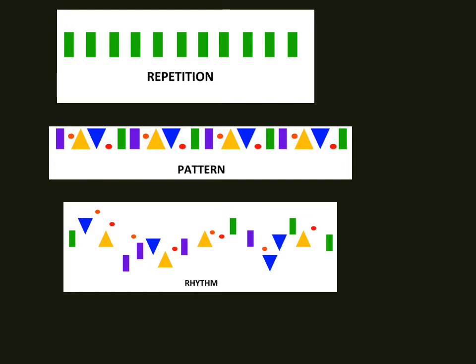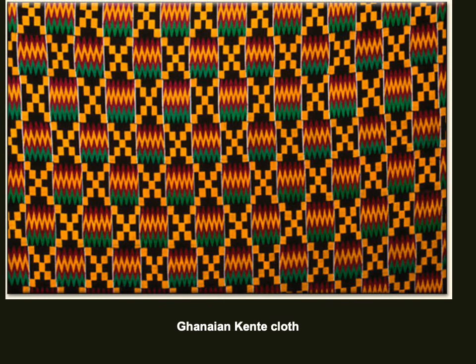So when you're looking at this, you know that we are looking at a pattern, because we have more than one element, and all of them are organized in a predictable shape.